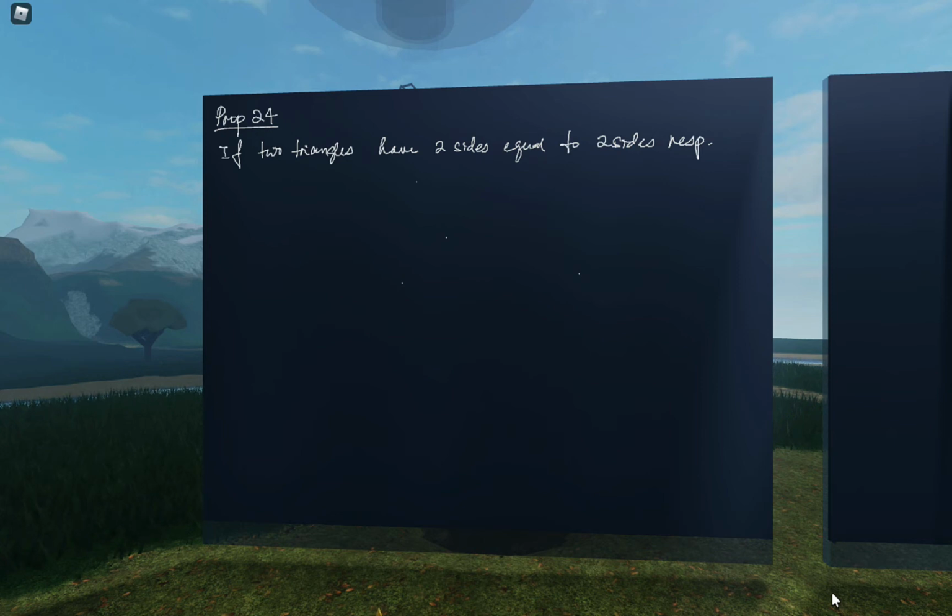So, okay, I'm going to write this down. This makes absolutely no sense to me. Maybe it makes more sense to Dan. Your internal Euclid is not strong enough.